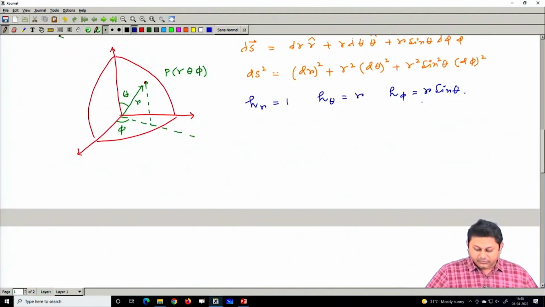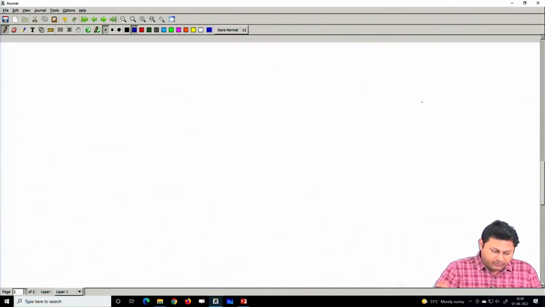Also, in the last class, we figured out the expression of the divergence in curvilinear coordinate system. No, not divergence, we did the gradient. Divergence we will do today.